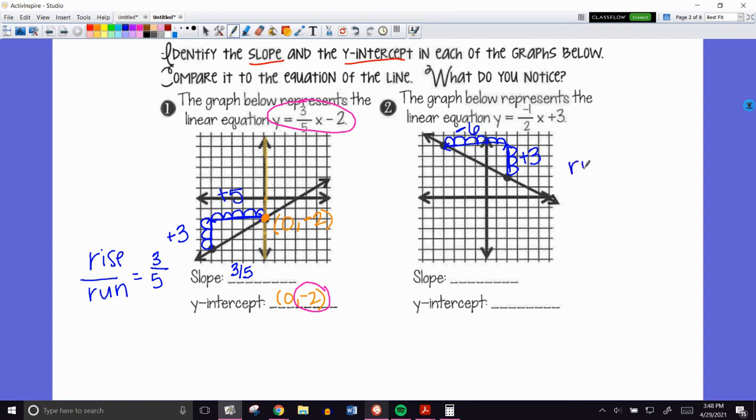So again, slope is rise over run, and I did positive 3 over -6. Now I can simplify that. I can divide both of those numbers by 3. I know that 3 divided by 3 is 1, and 6 divided by 3 is 2. And this was a -6, so I am going to make sure that that is a -1/2 for my slope. So slope, -1/2.